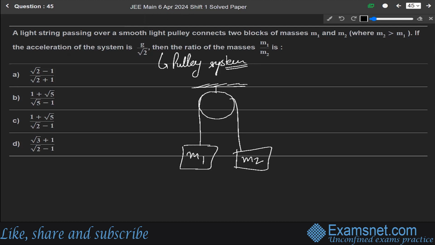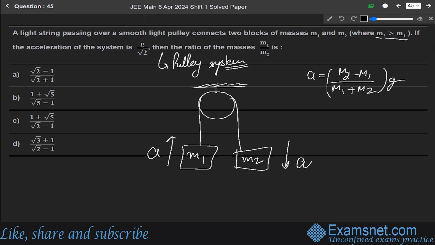So acceleration A is in this direction and acceleration A is in this direction. So the acceleration for this combination will become M2 minus M1 over M1 plus M2 into gravity g. Acceleration is given as g by root 2.